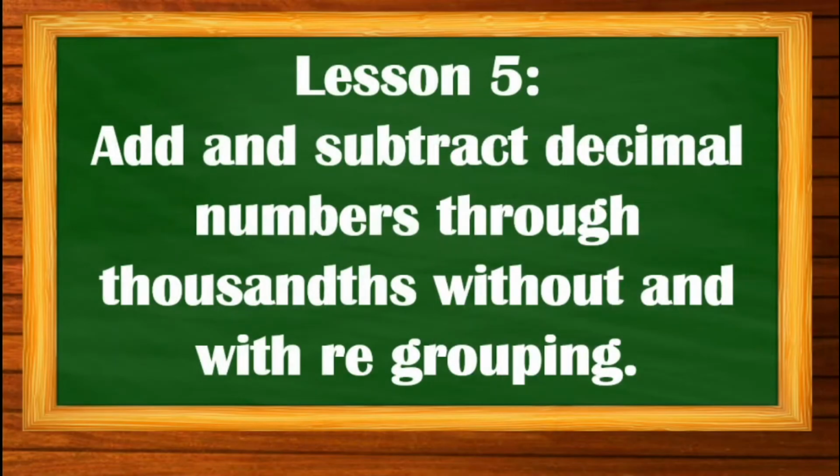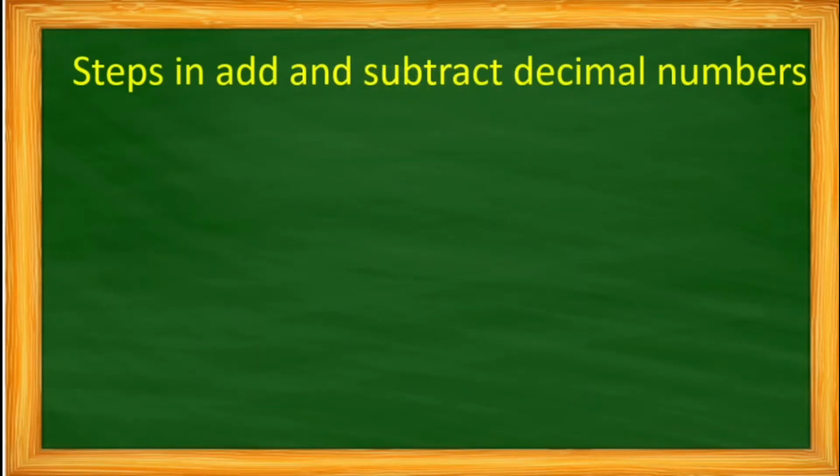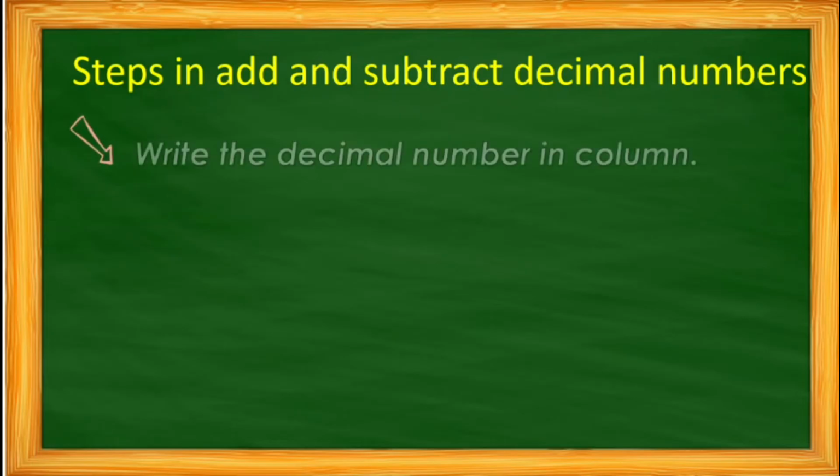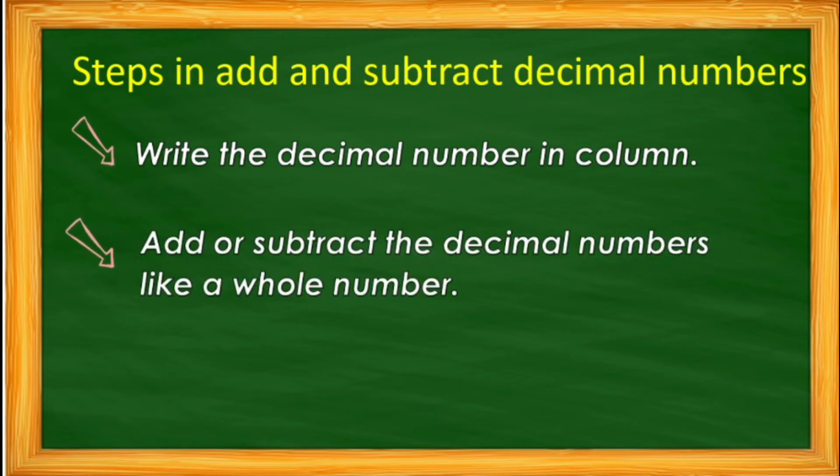Now let's proceed to addition and subtraction of decimal numbers through thousandths without and with regrouping. So here are the steps in addition and subtraction of decimals. First, you're going to write the decimal numbers in column. Second, you're going to add or subtract the decimal numbers like whole numbers.